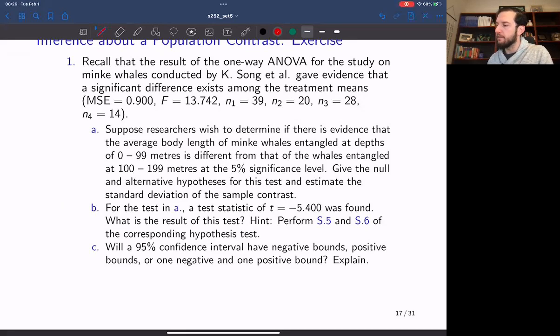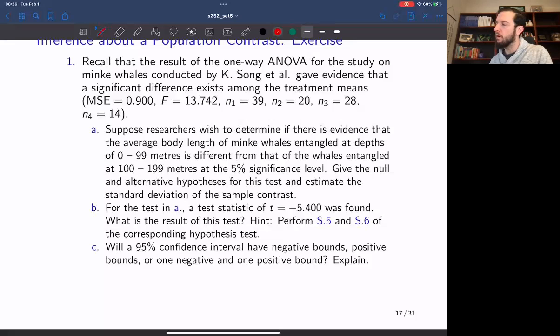Part A says, suppose researchers wish to determine if there is evidence that the average body length of minke whales entangled at depths of 0 to 99 is different from that of whales entangled at depths of 100 to 199. We're going to run this test at the 5% significance level. Part A says give the null and the alternative and estimate the standard deviation of the contrast.